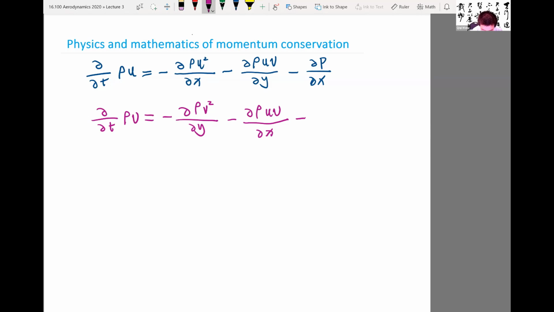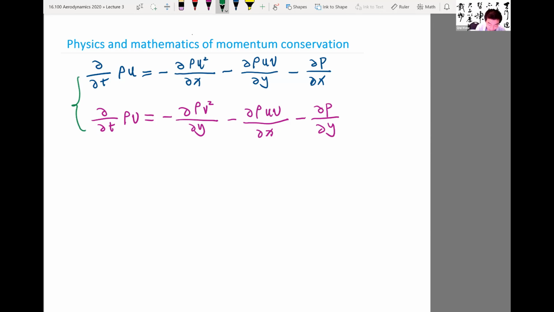And then we have minus the derivative of pressure in the y direction. So these two constitute the momentum conservation equation.